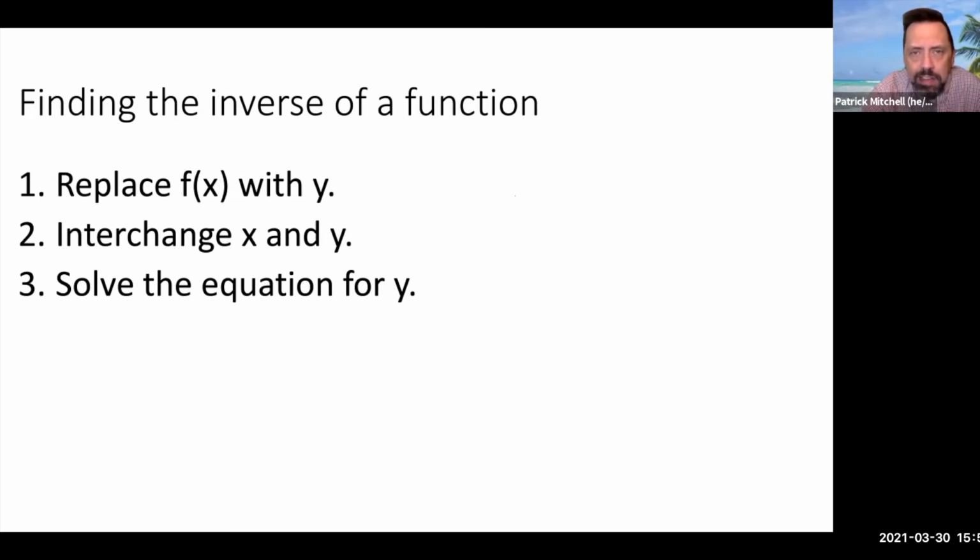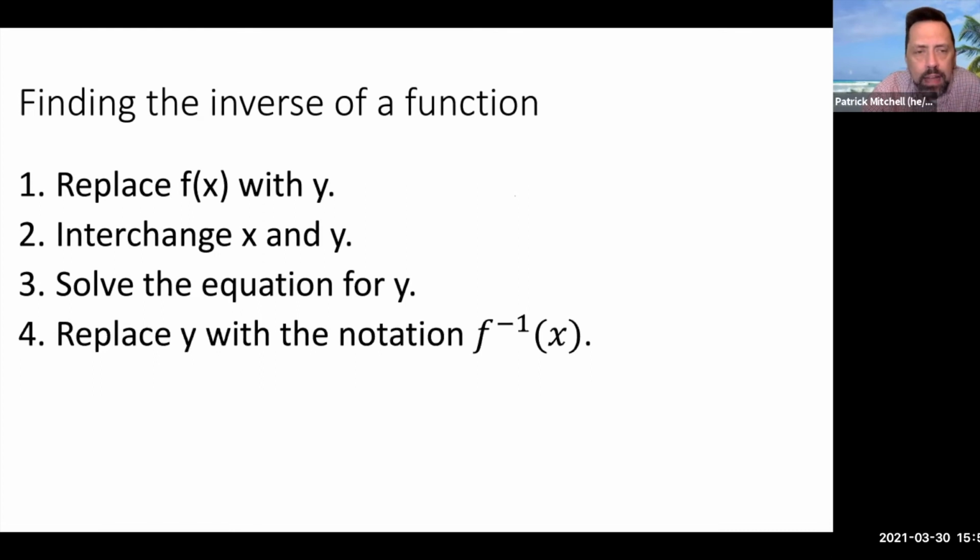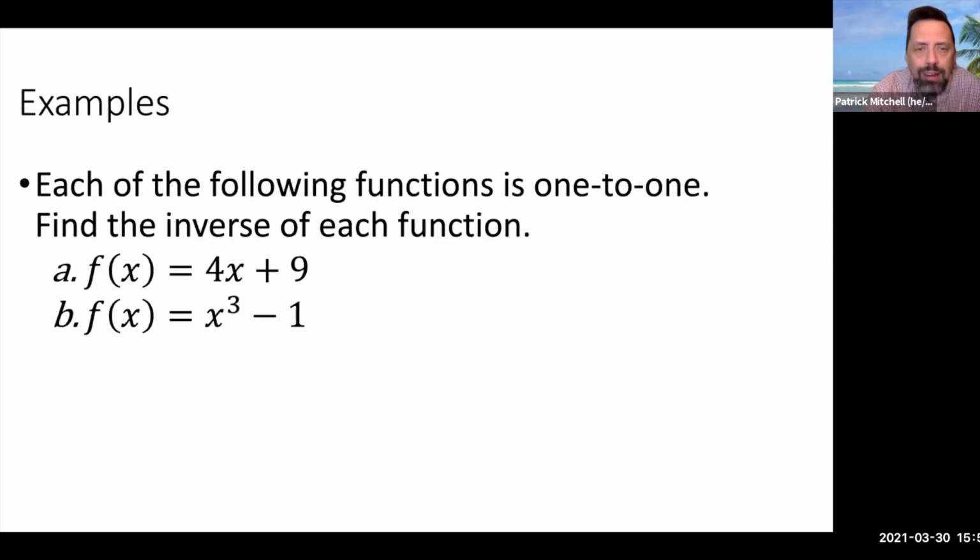Sometimes this is easy, sometimes it's a little harder. And I've got 3 examples for you. And then at the end, you're just going to replace y with the notation f inverse of x. Here are the 3 examples we're going to look at. Let's switch back to the tablet.